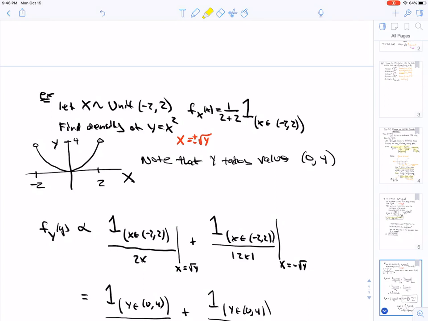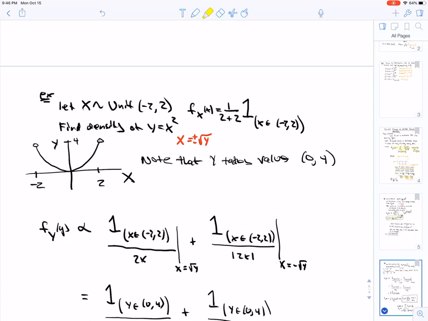But it's helpful writing it this way because then I can just isolate the variable part. So notice I've just graphed here the function. So we want to find the density of y equals x squared. I've just made a quick graph of y equals x squared, and you can see that as x runs from minus 2 to 2, y runs from 0 to 4.